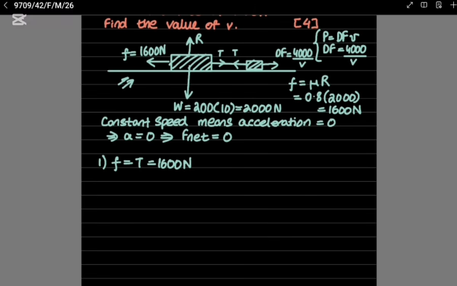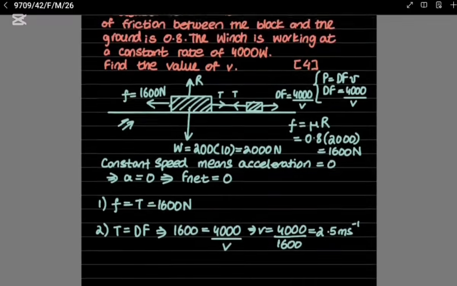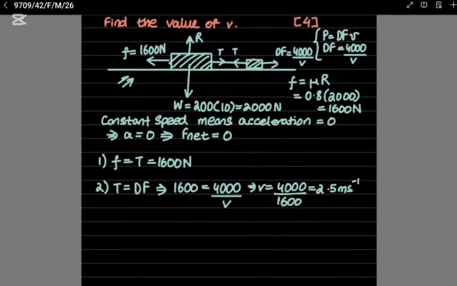Now, looking at the winch, there's a tension to the left hand side, which is 1600 newtons, and there's a driving force. So 1600 is equal to 4000 over V. V is equal to 4000 over 1600, which is equal to 2.5 meters per second. That's it for this question. Easy 4 marks.